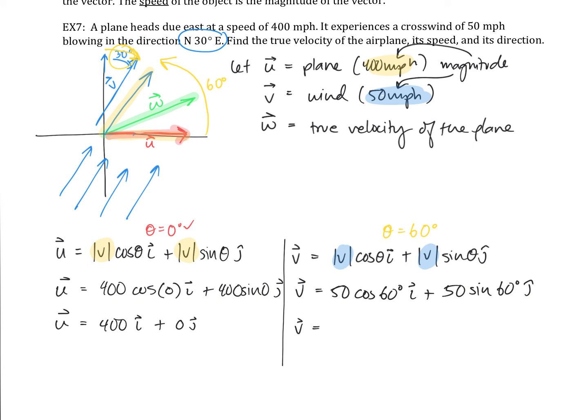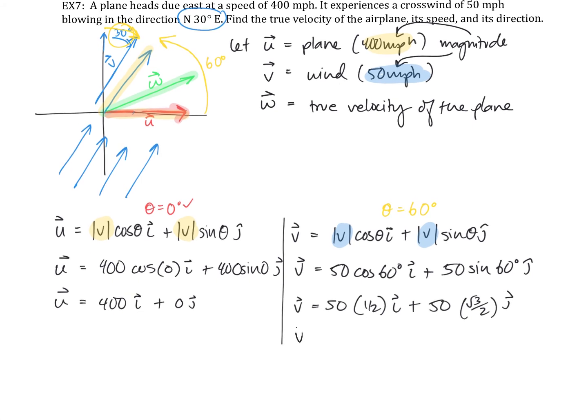And then my v is going to equal 50 cosine of 60, which is a half, i, plus 50 sine of 60, which we know is root 3 over 2, j. And then v is going to equal 50 times a half, so that's 25i plus 25 root 3 j.